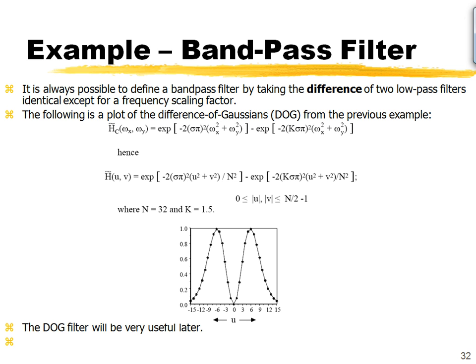The second one has K as a constant multiplier to the sigma on the Gaussian, and then I subtract the two. I would end up with a band pass filter. A filter that you design this way is basically called a DOG filter, or a difference of Gaussian filter. Okay.